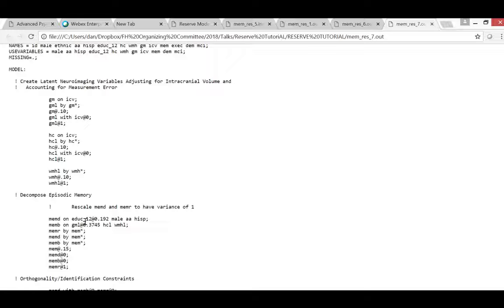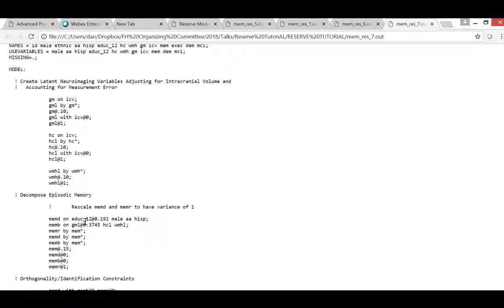So I think the piece of advice, if you're thinking of doing this model at this meeting and you want to look at interactions of these latent variables with other things in your model, that's a really hard thing to do.